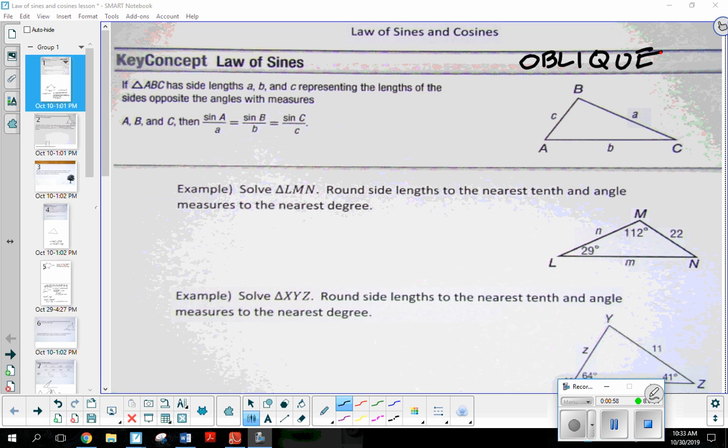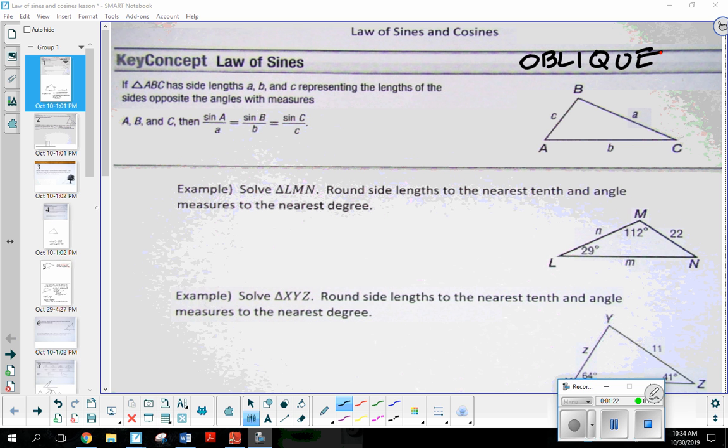Now, if we're not dealing with a right triangle, if we're dealing with what we call an oblique triangle, we have to use either the law of sines or the law of cosines if we want to solve a triangle. These instructions, when you're asked to solve a triangle, are really asking you just to find any missing angle measures or any missing side lengths. It's just a very efficient way of saying that.